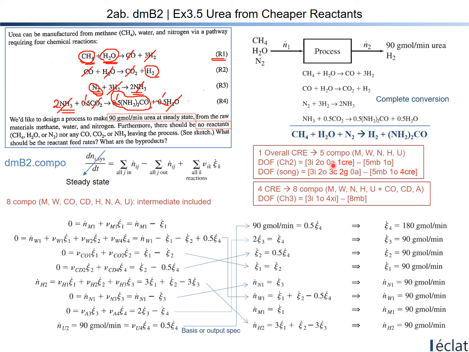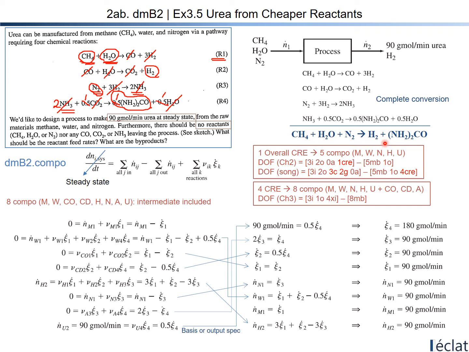So we have the 5 different compounds like in this block flow diagram. 1, 2, 3, 4, 5. 5 compounds are there, and we could consider those 5 compounds as the components for the materials balance equation.